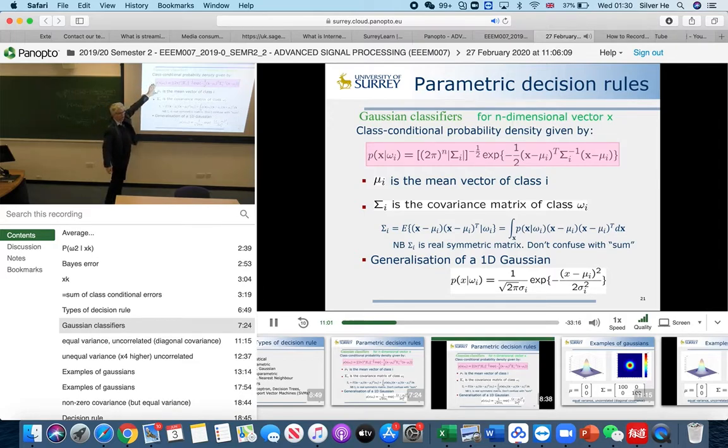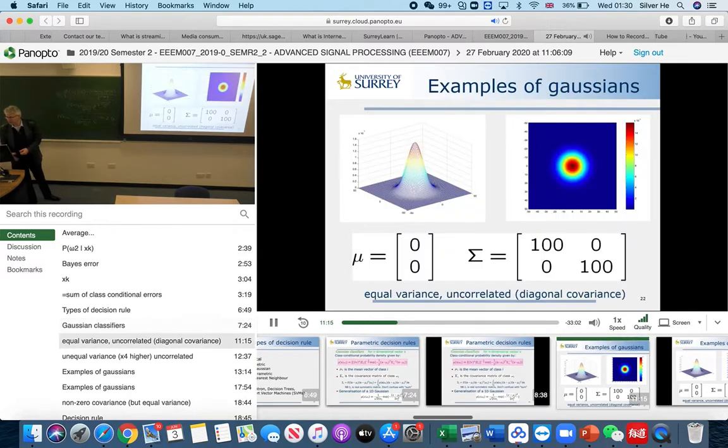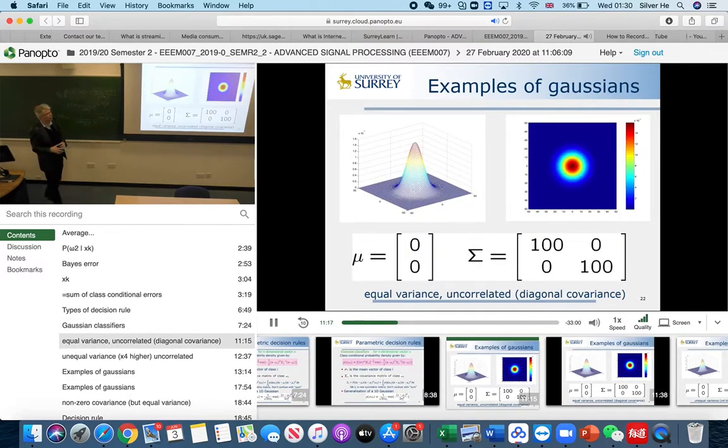If you're a bit rusty on multidimensional normal distributions or multidimensional Gaussians, then go back and do a bit of a recap. But let's visualize some of these so we can see how they look. What I'll look at in a moment is some equal probability density curves for these. So here's an example where the mean, mu, is 0. So here we have a mean at 0. The height is the probability density.